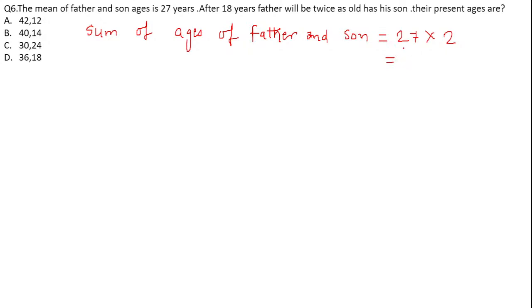That's why we did 27 into 2. So it comes 54. Now let's consider the age of father is x. Correct. Now if the age of father is x, the age of son will be 54 minus x.